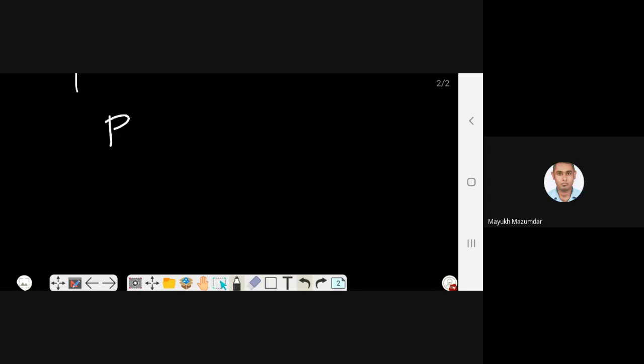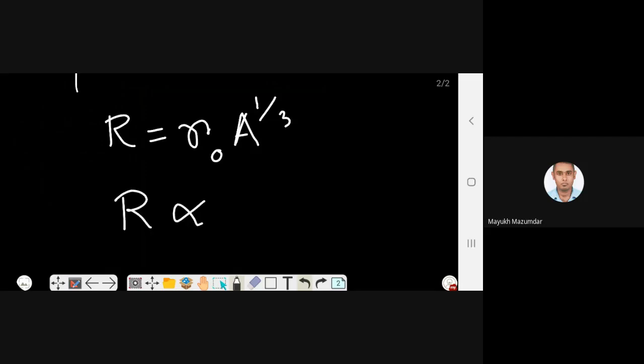So we know that R equals R naught A to the power 1/3. This R is written as a small letter in most books, but it doesn't matter, it's a constant after all. It is safe to say that R is proportional to A to the power one third.